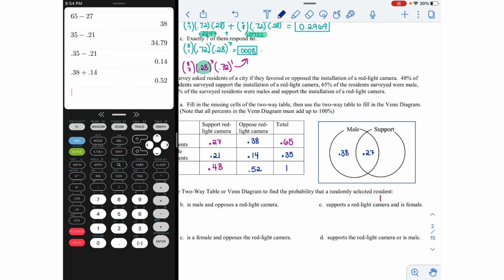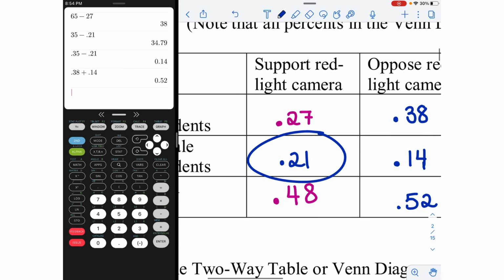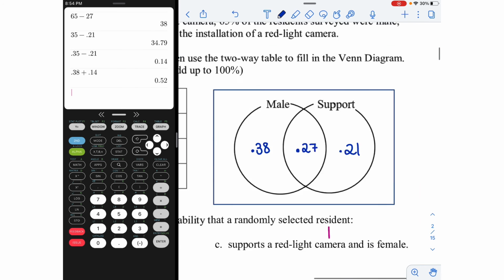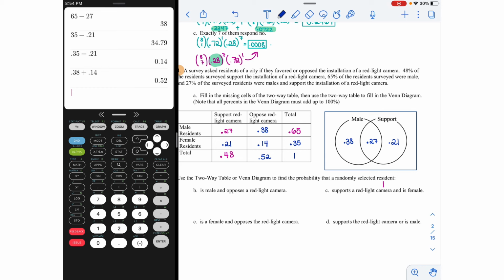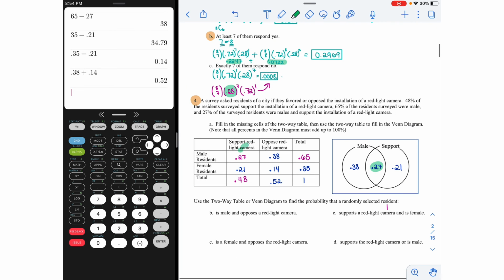And then people who support that are not male would be females that support. So that's 0.21. I think the Venn diagram's a little bit confusing. Again, I just think about the overlap. The overlap are going to be males who support, and we decided that that was 27% based on our chart.